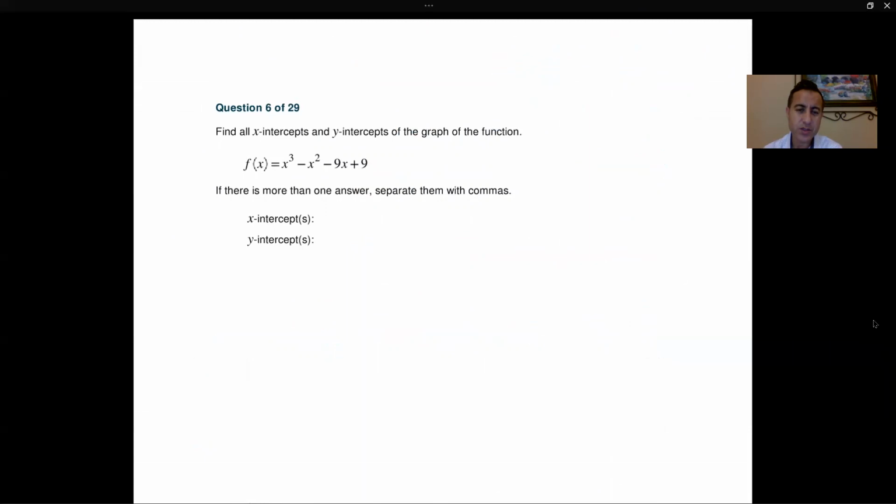All right, so question 6, is it similar or different? Find all x-intercepts and y-intercepts of the graph. So we're taking pieces so we can go to a bigger problem that puts all the pieces together. Here we generalize: if we look for x-intercepts, they occur at y equals 0, which in this case is f of x equals 0.